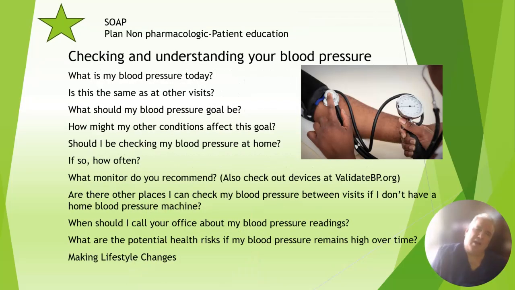So one of the easiest things that we can implement in the plan for a patient is to take their blood pressure. This can be done at home with various devices. You can use the traditional pneumatic blood pressure cuff, or you can find digital versions of this type of cuff. You can even find a wrist cuff that is digital, and it really takes very little skill to take your blood pressure.